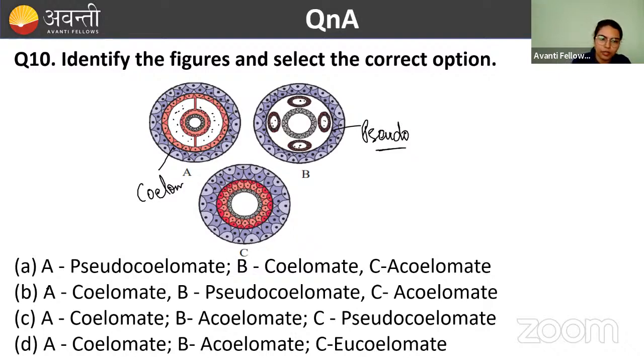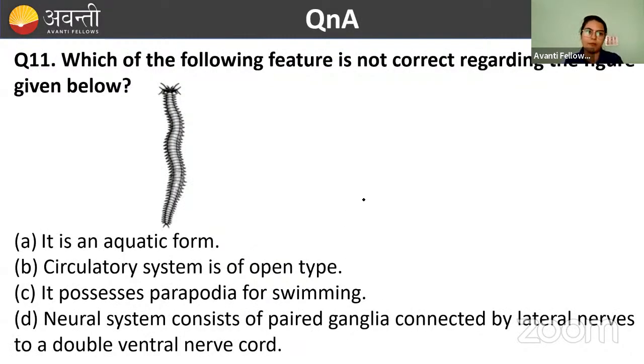So there is no coelom here, so B is the option. Very good Janvi Rajkot. A is coelomate, B is pseudocoelomate, C is acoelomate. Wherever you come across the letter A, it means absence. Acoelomate. Clear? बहुत easy question था.